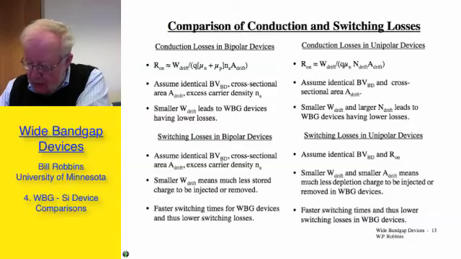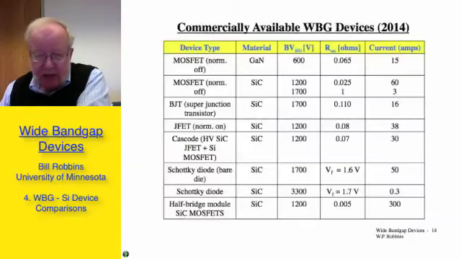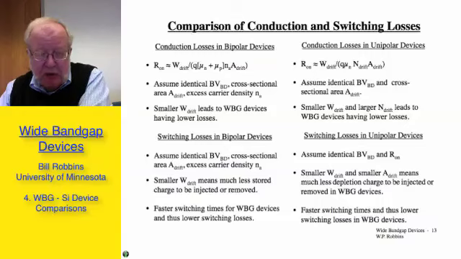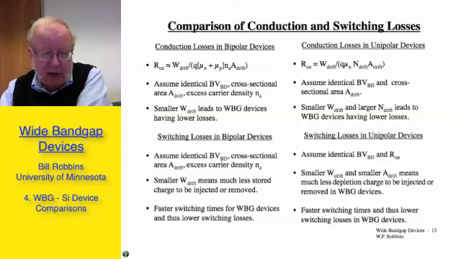If we were to compare losses in the circuits, whoops, I'm going too far. Conduction losses in bipolar devices are generated mainly in the drift region at high voltage, and so we have the on-state resistance. If we assume identical breakdown voltages, cross-sectional areas and excess carrier densities, the smaller drift region length of the wide bandgap devices means lower losses.